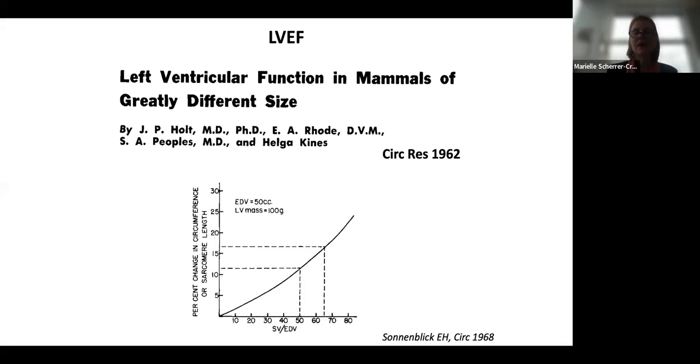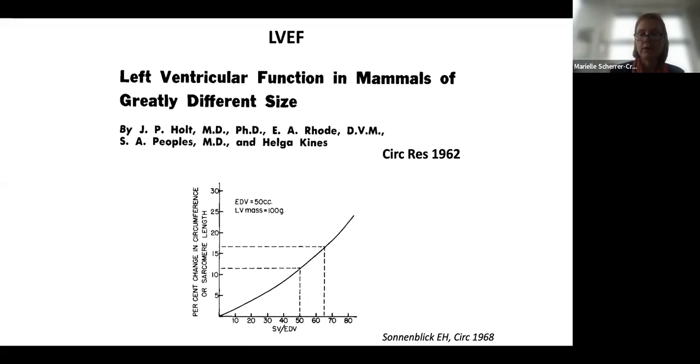So the LVEF was actually put forward in 1962 as a parameter of cardiac function that was independent of the size of mammals. It stayed rather constant from one species to the other, as opposed to, say, the cardiac output, for example.